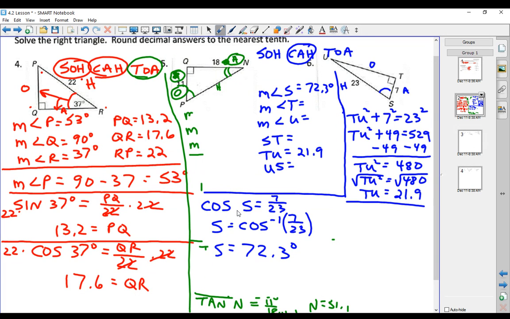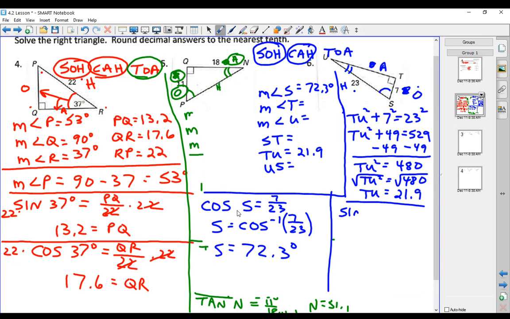All right, now in terms of the other angle here, angle U, this would now be the opposite side, and this would now be the adjacent side. So this time I know the opposite and the hypotenuse, that is the sine.